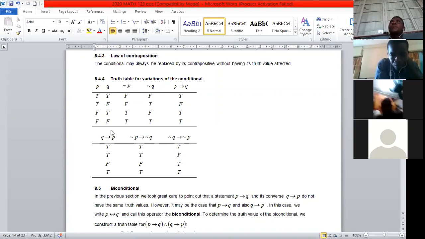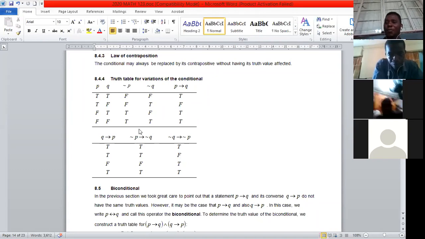When we come to three statements, then it's going to be different. Now, how do you draw truth tables for the contrapositive, the inverse, and also the converse? That is the assignment I expect from you.